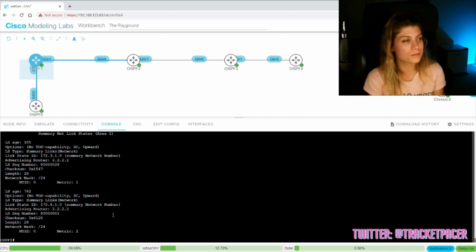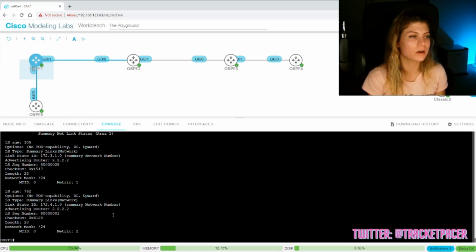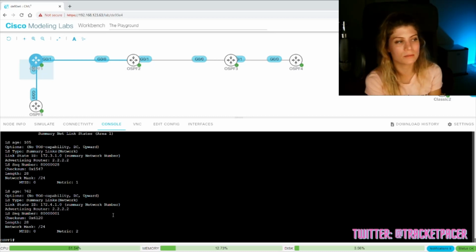That was a lot of words. So it's a summary of other areas, basically. Our ABRs are the ones that participate in multiple areas. That's why they're ABRs. So they're the ones responsible for using type 3s and telling all the routers within the area that aren't ABRs about other areas with a summary.